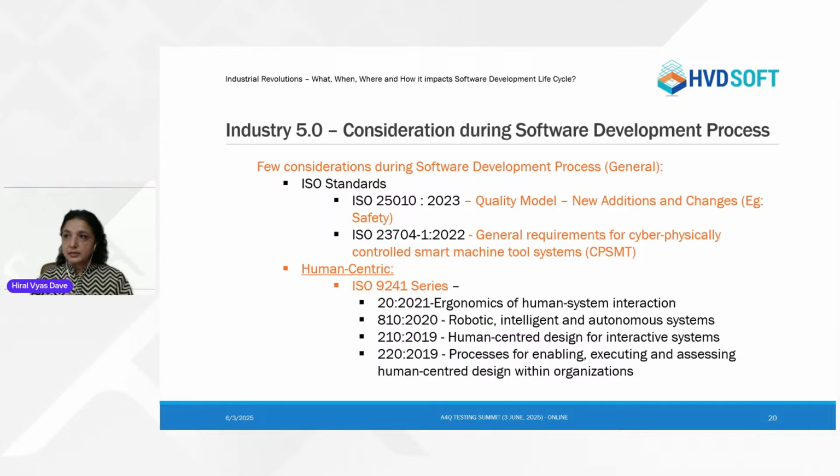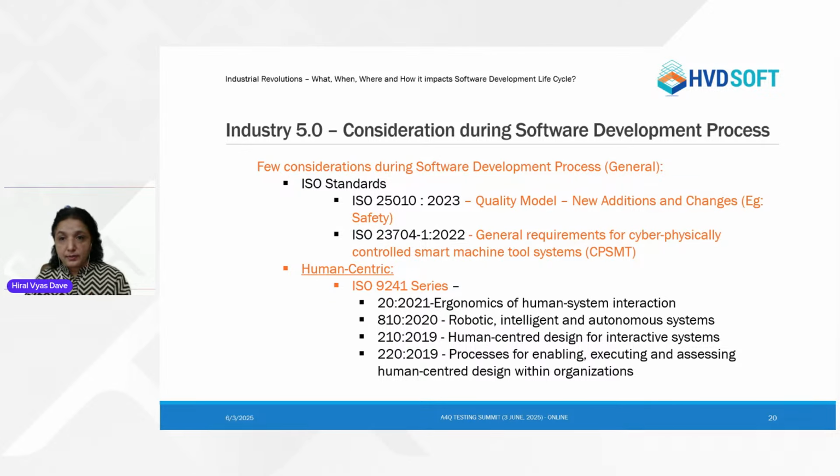ISO 25010 would be the first standard I would follow as an architect, and I believe it is important for you as a testing community too. For Industry 5.0, out of the 9 categories in 25010, safety and security measures matter a lot when I write my architecture, before I give the building blocks or design of any particular software.